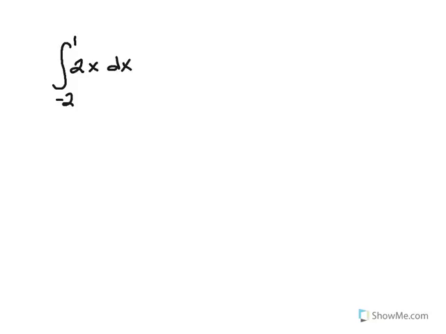Before we can actually evaluate anything, we have to determine what the integral is. Now this looks like it's just a basic step here. Since this 2 is a coefficient, I don't have to worry about it. I'm going to pull it outside of the integral itself. So negative 2 to 1. Leave the x inside. And this x right now has an exponent of 1.